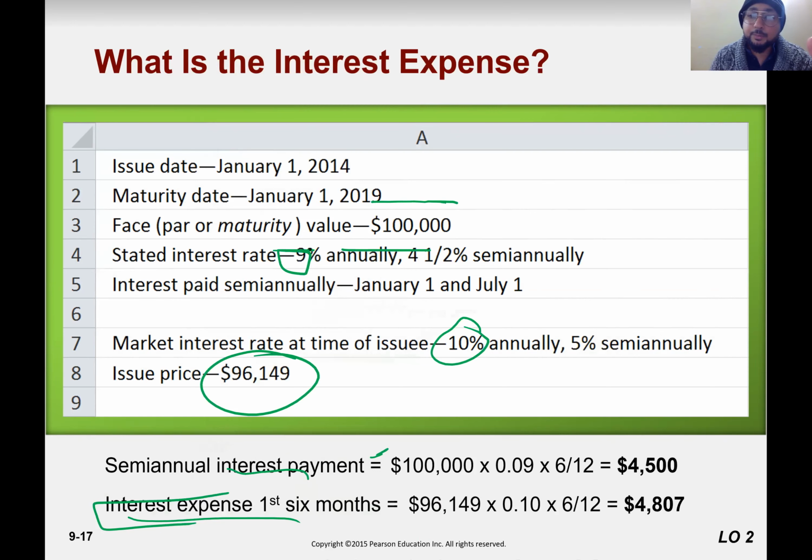Here we go. The interest expense is going to be based on market rate, and market rate is calculated on the market value. The market value right now, the bond is selling at a market value of 96,149, times 10%, semi-annually, so 6 by 12. So this is a very important concept.